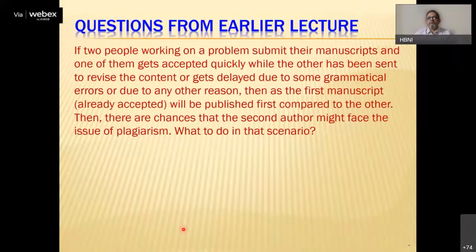Then, of course, it may be revised. The referee may say that you revise the manuscript in so and so ways. Then you revise the manuscript again, resubmit it, and send it back to the journal. Then they will put a second date, which is called the revised manuscript date. And after it is finally accepted and published, they will put a published date on the manuscript.